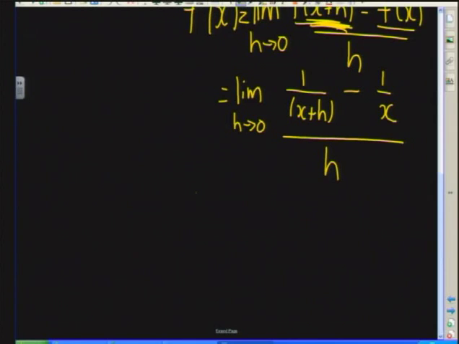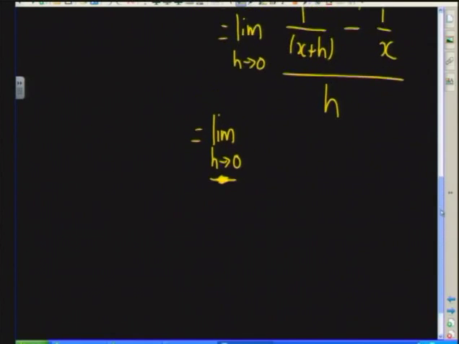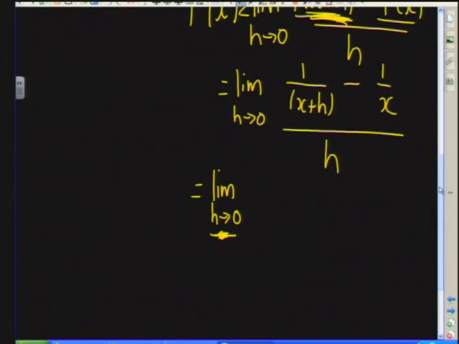Okay, then that's equal to, once again, we bring down the limit as h, we also, instead of saying approaches all the time, can also say h tends to 0. So you'll often hear us interchangeably saying either approaches or tends to 0. It's the same thing. Okay, so I've got 1 over x plus h minus 1 over x all over h.